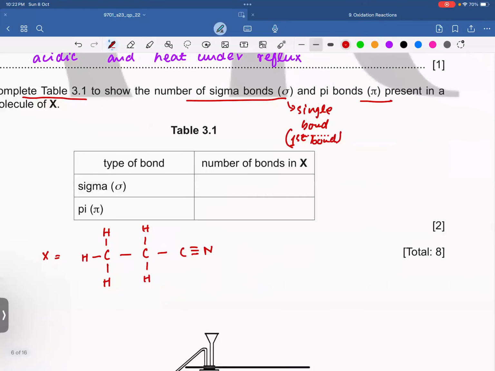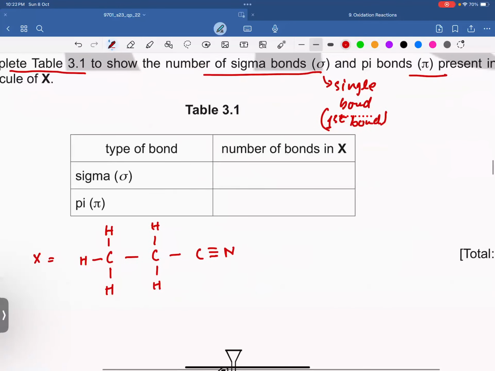Abdullah, how many pi bonds are here? 2, sir. Very good. 2 pi bonds. Because there is a triple bond, among these 3 bonds one is going to be sigma because it is the first bond, and the rest of the 2 bonds will be pi.